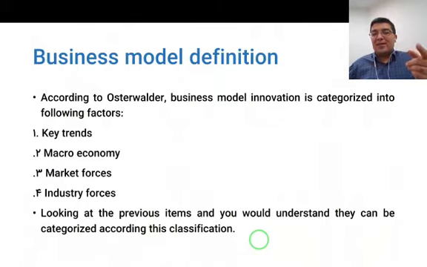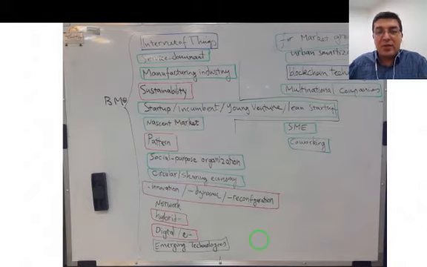And that's why when you search Google and find some words related to it, you can put them in the appropriate class. For example, if you are talking about sustainability, it's about environment.